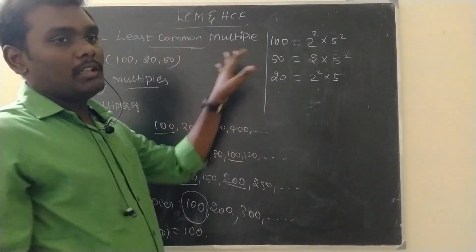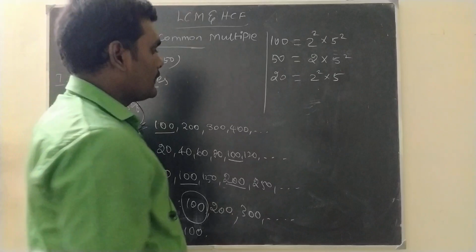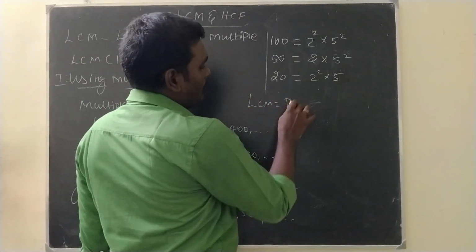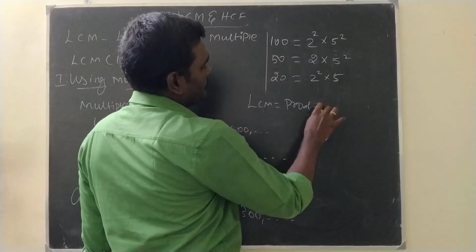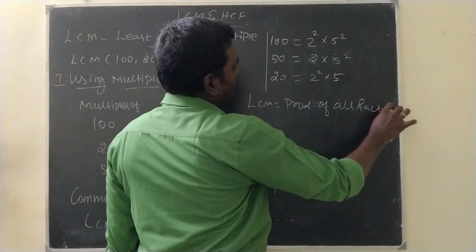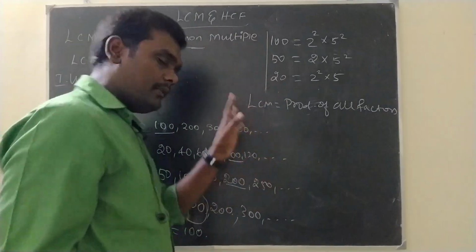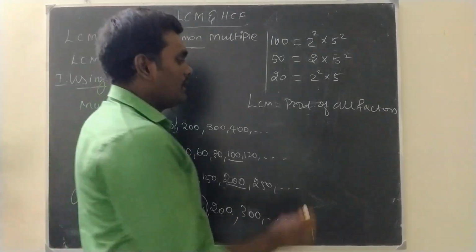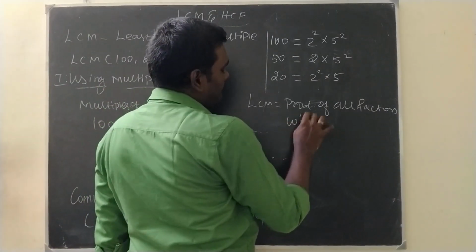Okay. In this, whenever we have to calculate the least common multiple, we have to write the product of all the available factors, you see 2, 5, everything, but with the highest power we have to multiply.